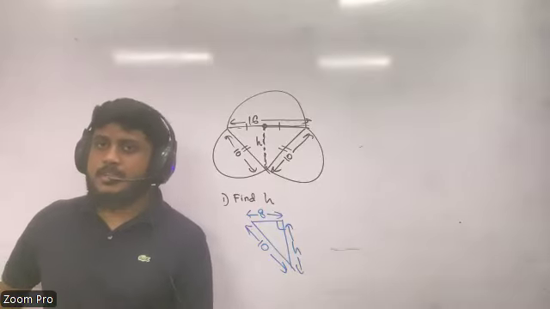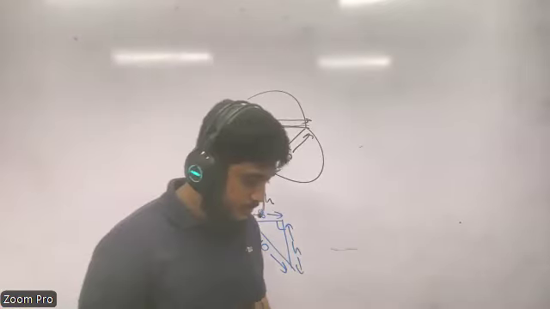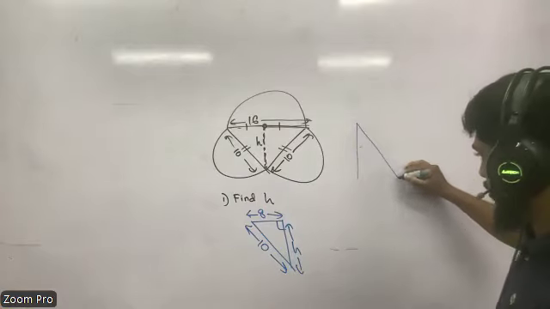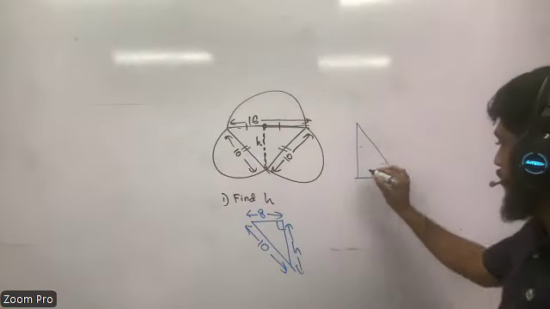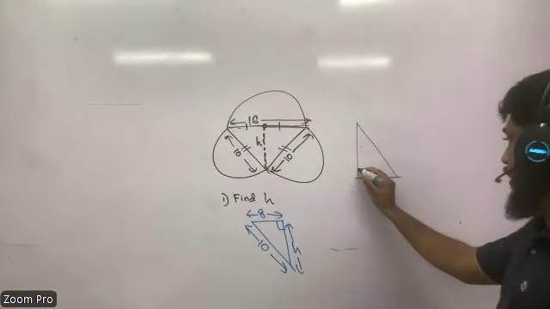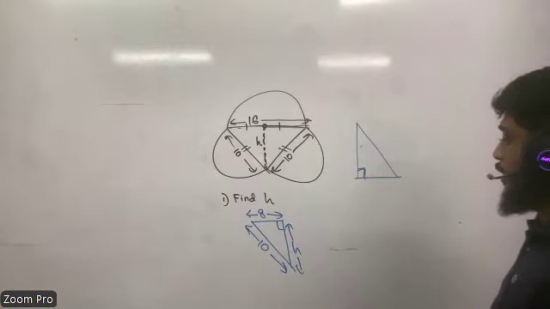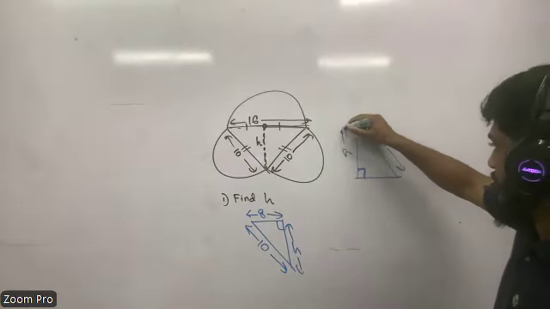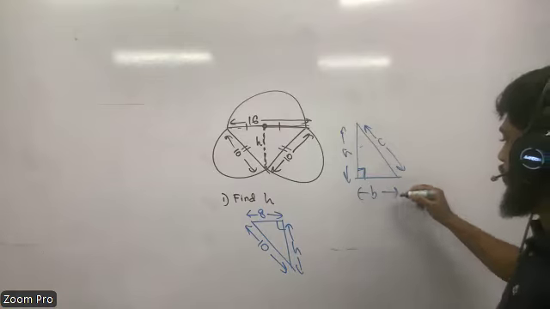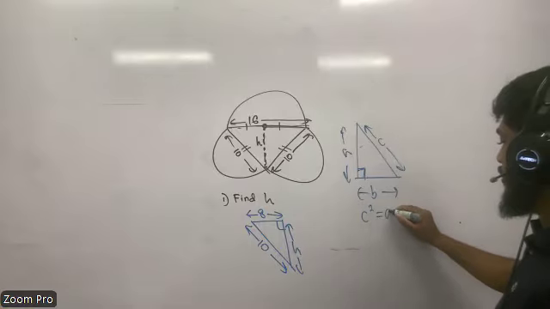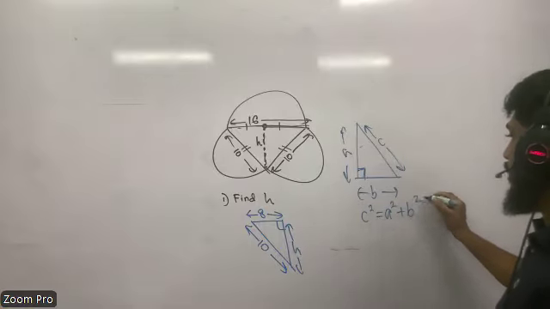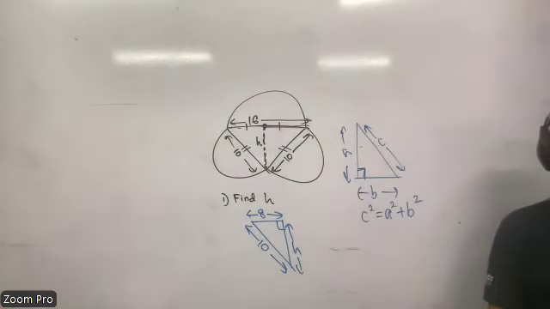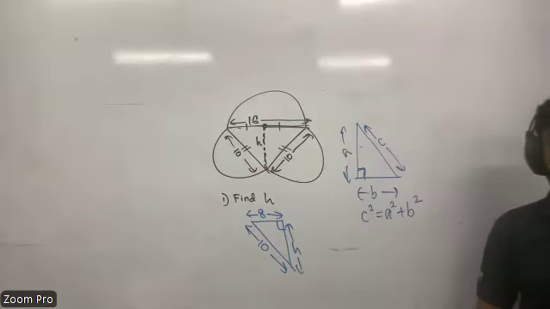In Pythagoras theorem, he told that if there is a right angle triangle, with the longest side C and the other two sides A and B, you can get a relationship: C squared equals A squared plus B squared. It means the two squares added are equal to the one square. That relationship is known as the Pythagoras relationship.